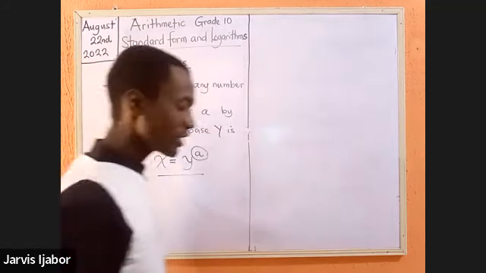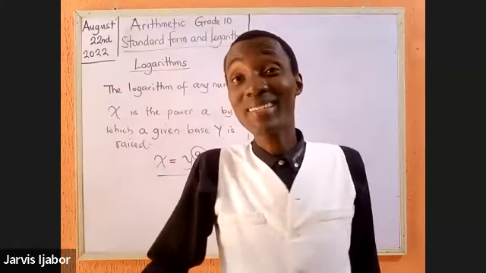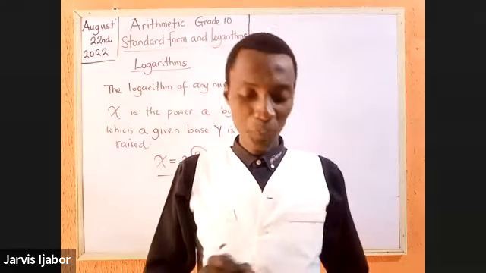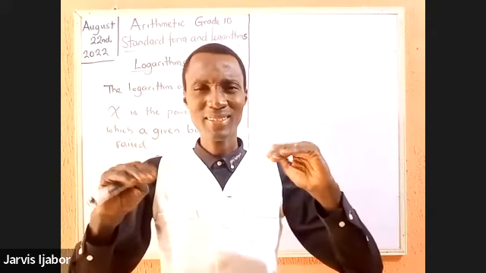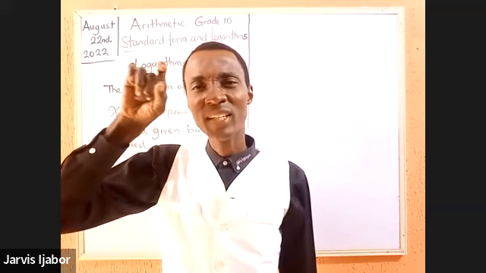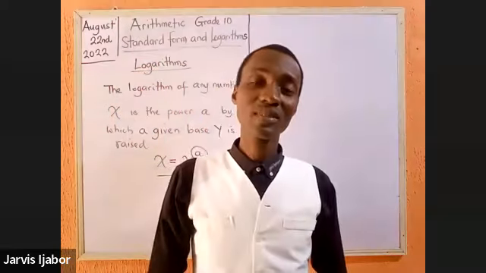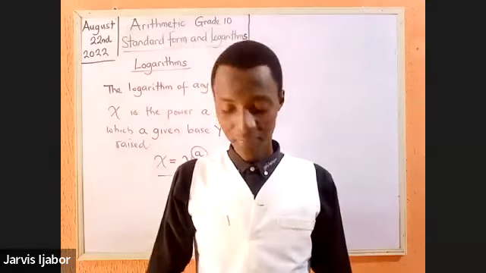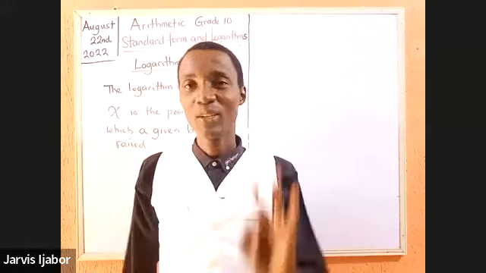So the logarithm gives us an idea from our indices on how many times a certain base is multiplied. So you discover that whenever we mention logarithm, technically we are talking about the behavior of the index. So if you say logarithm, if you say indices, if you say power, you mean the same thing.